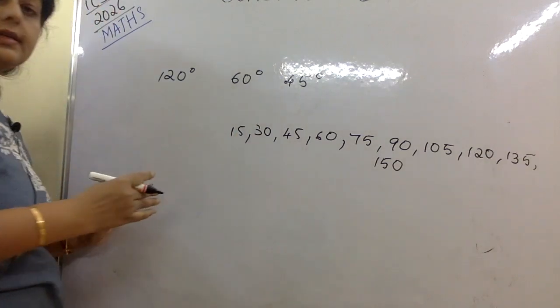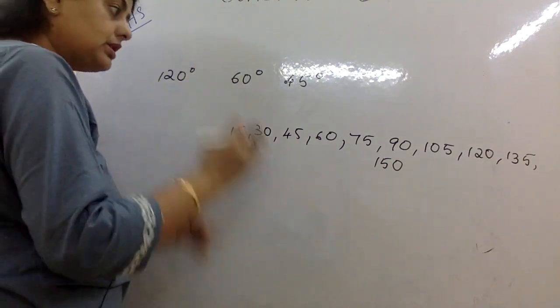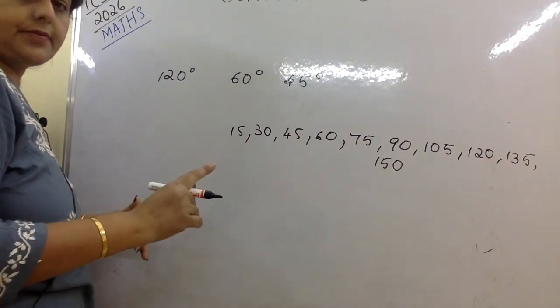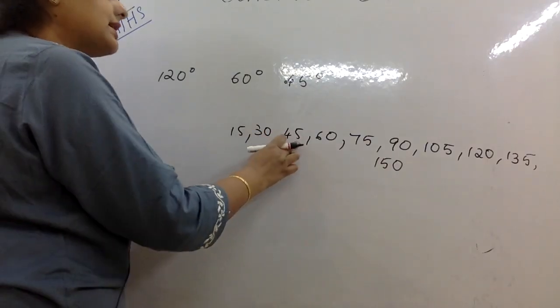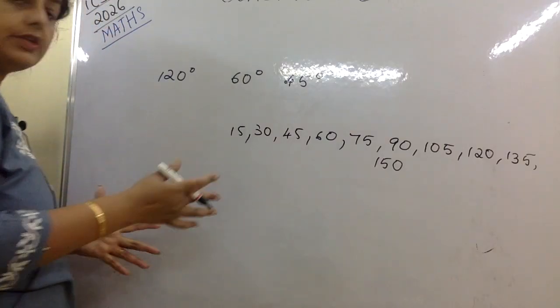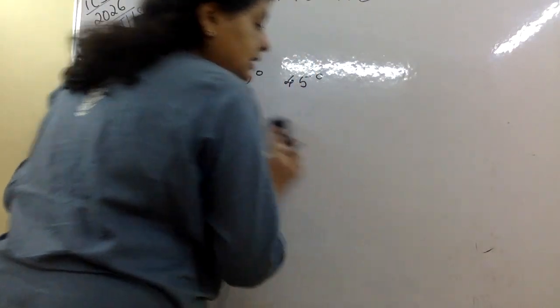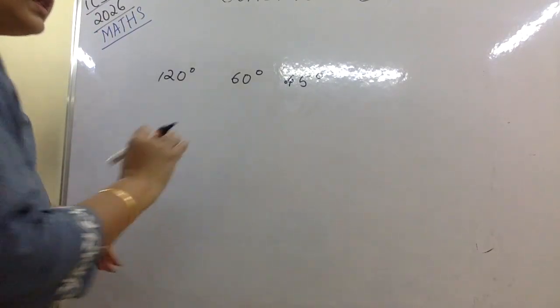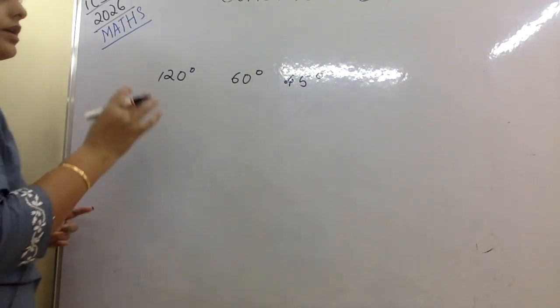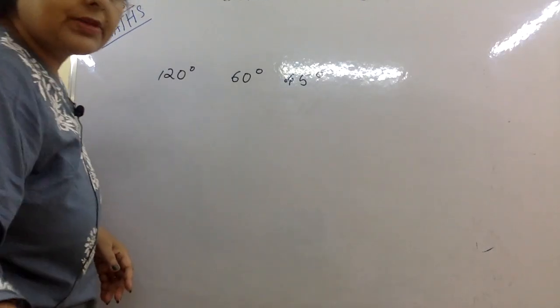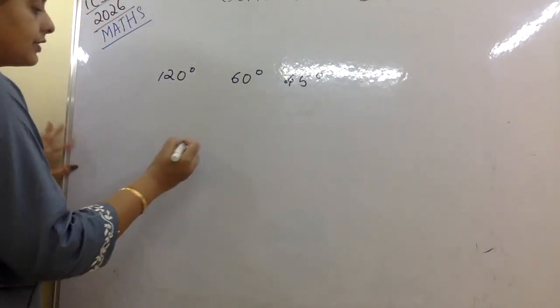These are the angles which it is possible to construct without a protractor. If 46 comes or 48 comes or 50 degree comes, we have to use a protractor. Okay, so let's start with the first one.